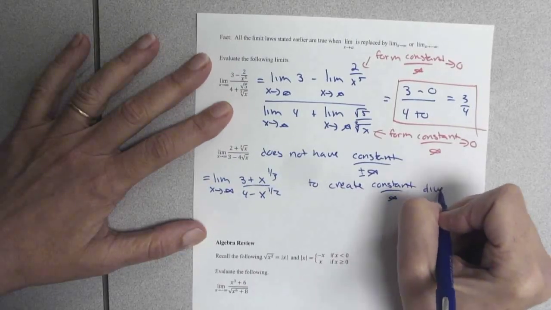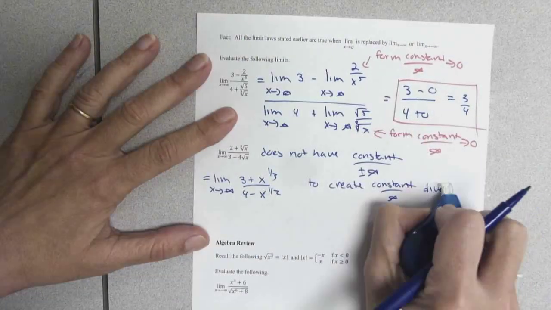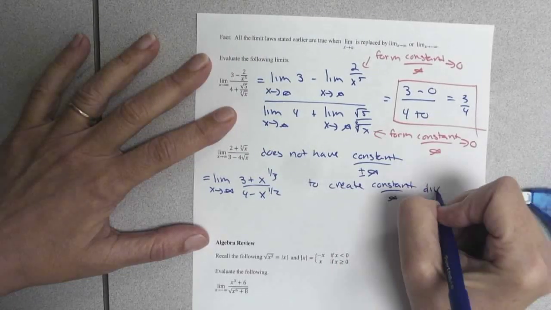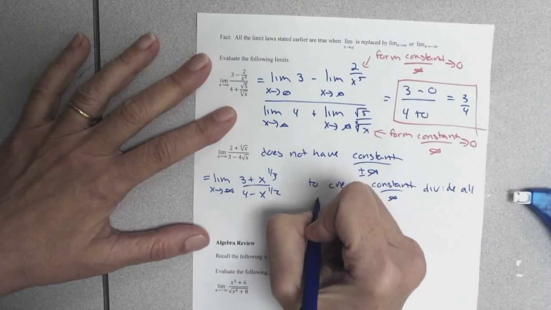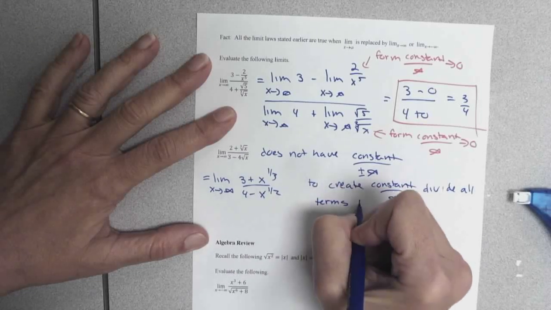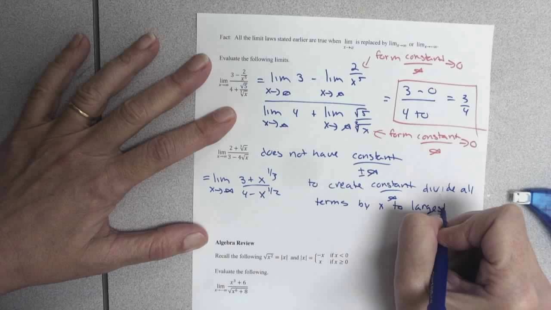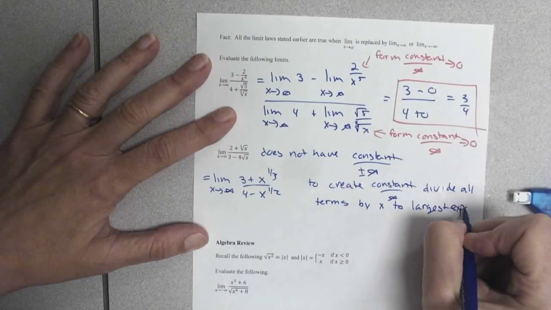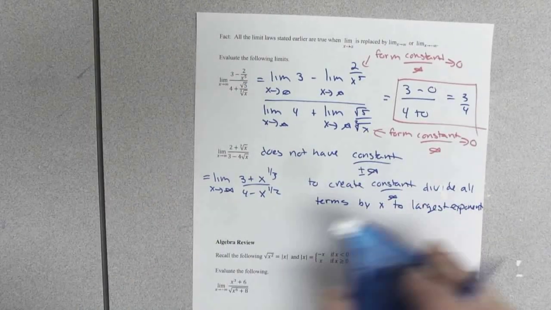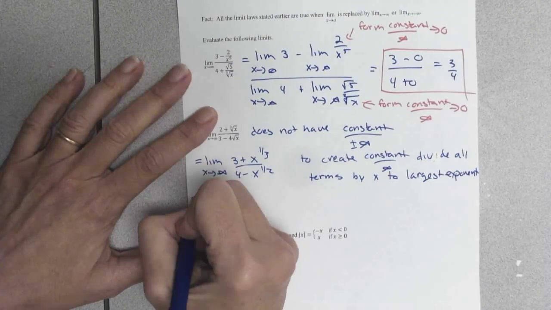I'm going to divide all terms by x to the largest exponent. I'm running out of room here. I should have written smaller or given myself more room.